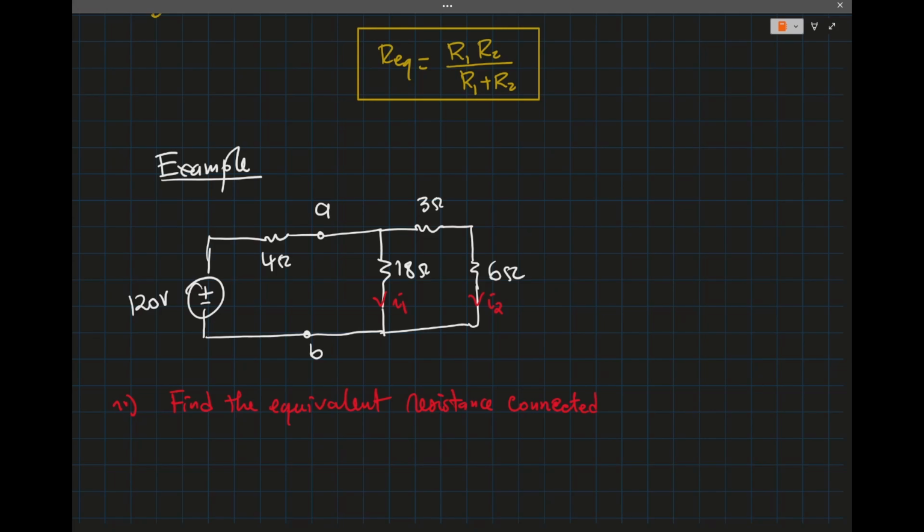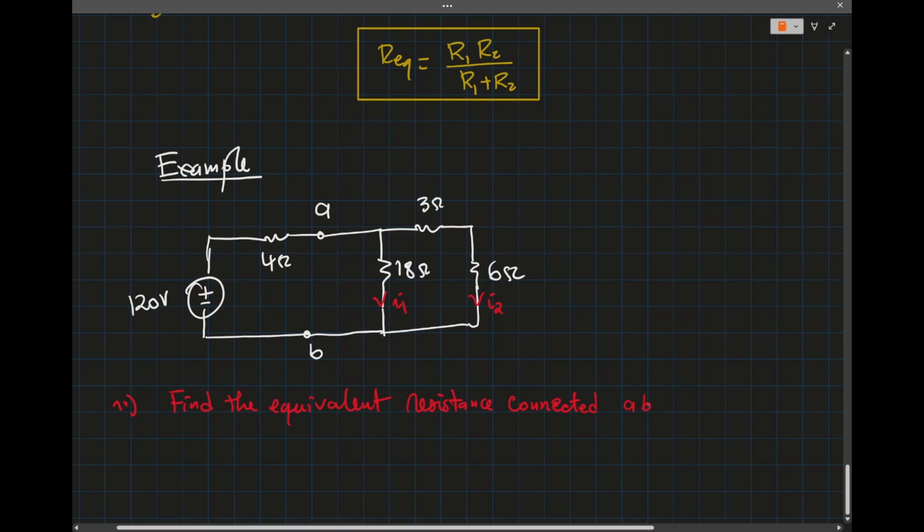That from the left network. So A and B. So that means, that's right, the equivalent resistance connected to A and B.